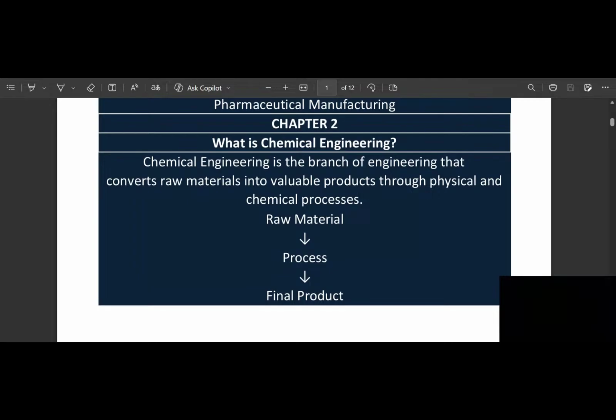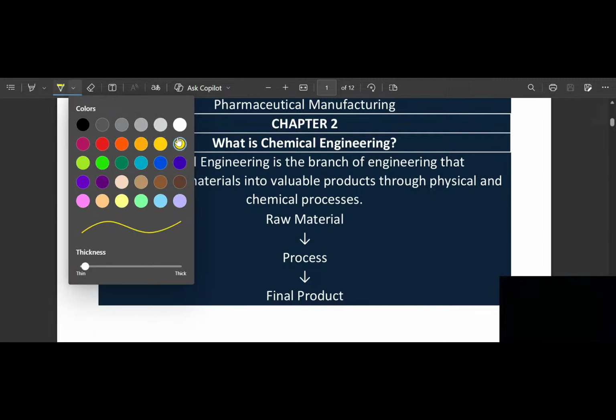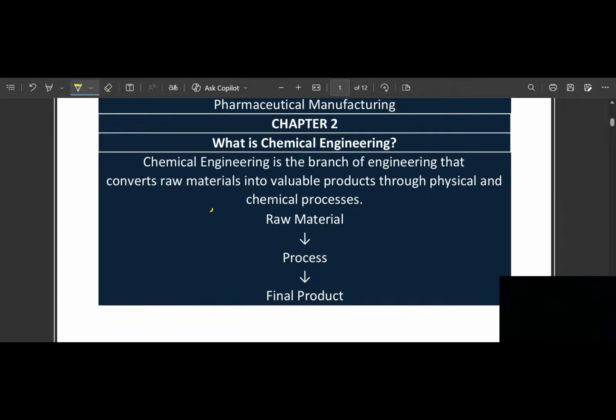Chemical engineering is a branch of engineering that converts raw material into valuable products through physical and chemical processes. In factories or in any industry, your raw material comes, then it is processed, meaning either mixing or a reaction can take place.